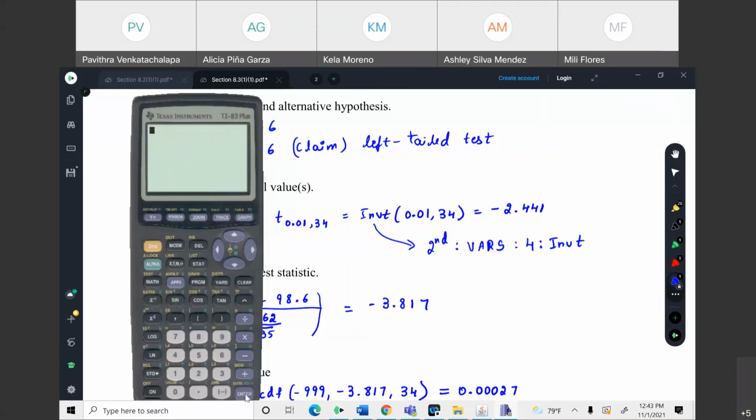When I hit that, it just gives me a blank for me to go to the next. Yeah, exactly like that. It doesn't give me the INVT.